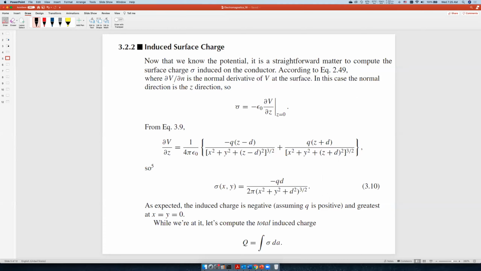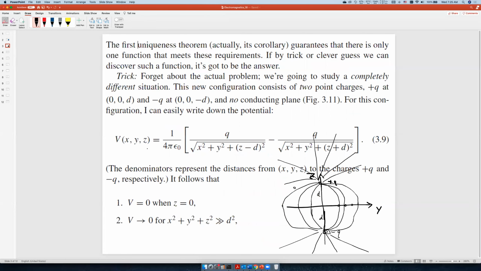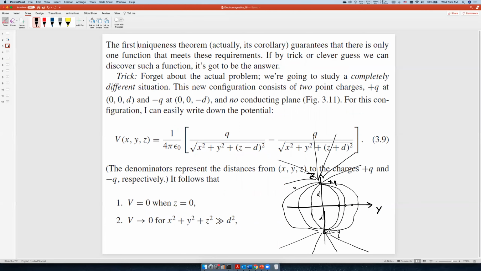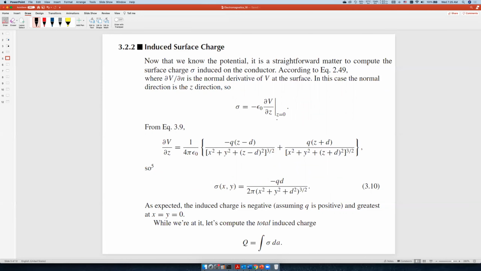Actually, the surface charge density sigma equals negative epsilon times partial V over partial z, at z equals 0. And from the previous equation shown here, which is 3.9, this is the potential distribution. V is a function of z, then from partial V over partial z, you can get the derivative shown here.